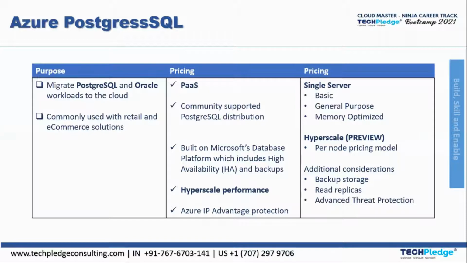If not, I might go with SQL, MySQL, MariaDB. The same goes with Postgres as well. It does have an offering like PaaS services. Oracle platform users can use it, and high availability is also there. Backup. So in the same way, depending upon your need and your organization's need, we use different types of servers.